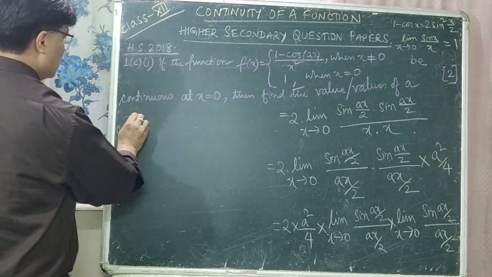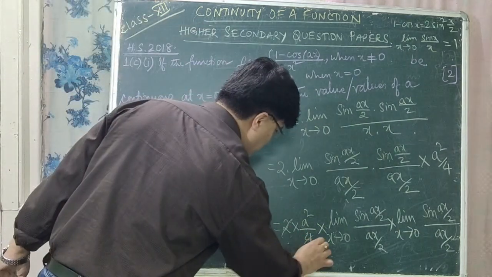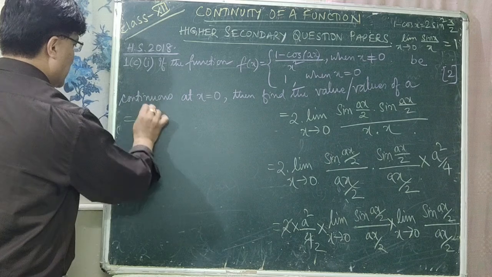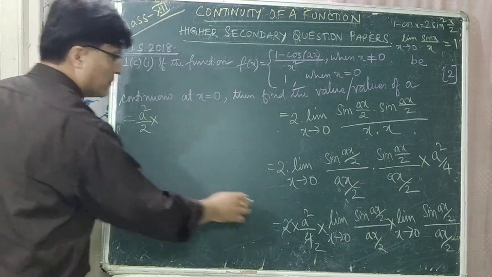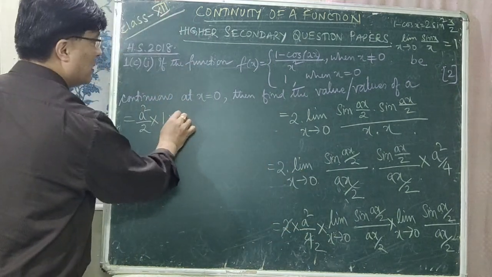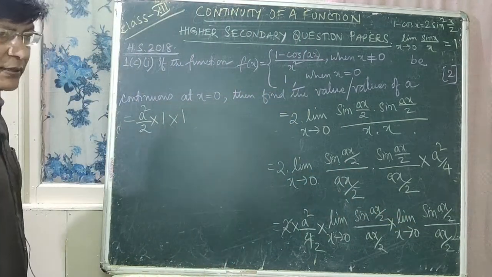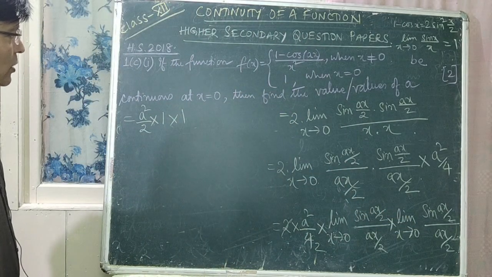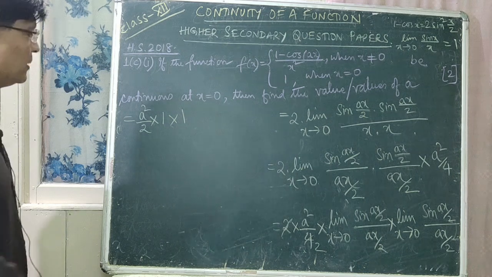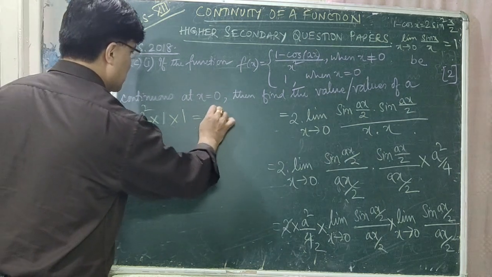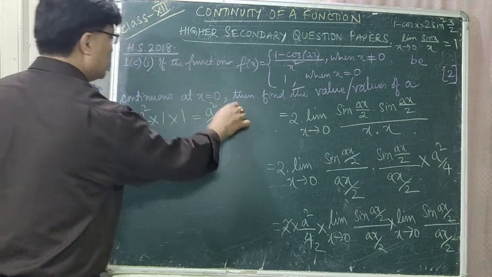Now you can cancel here: 2 1s are 2, 2 2s are 4. That is a square by 2 into, what is the value of that limit? 1. And what is the value of this limit? That is also 1, right? So I think you have understood it. This is a square upon 2.